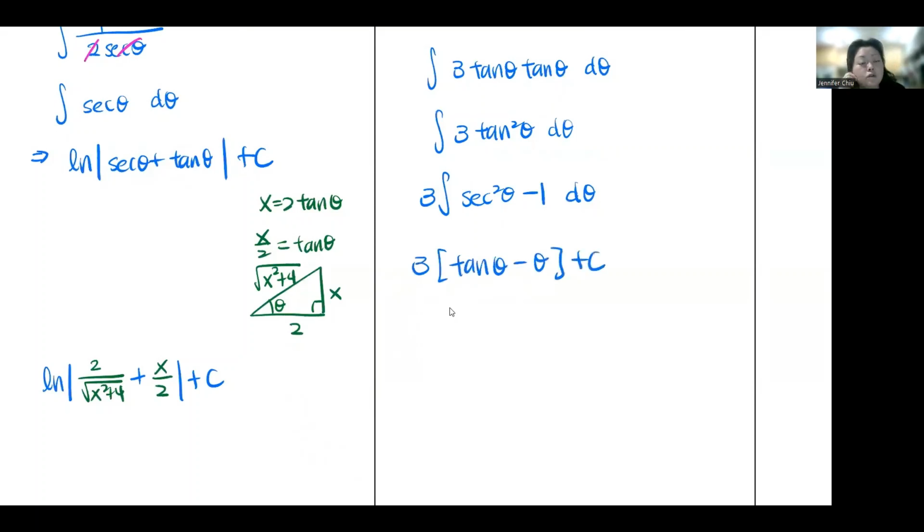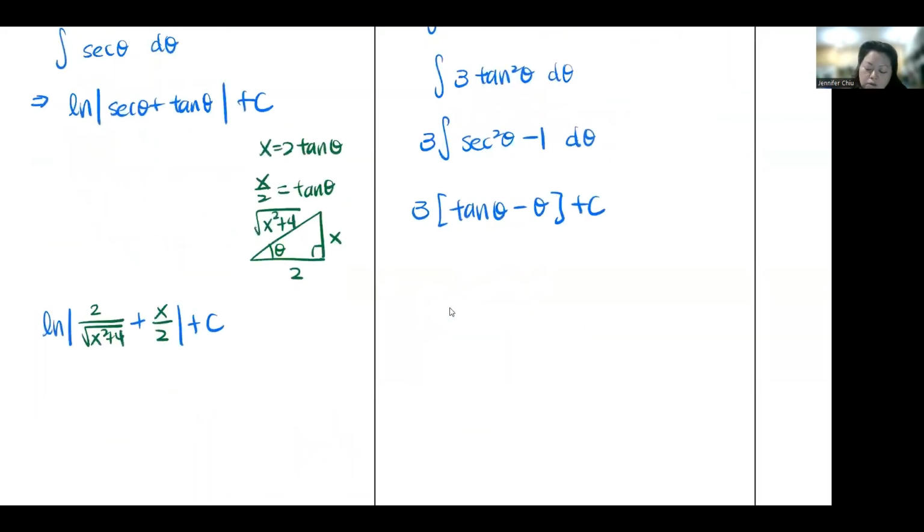Okay, once I take the antiderivative, don't forget to draw your triangle. So I go back and say x equals 3 secant theta. x over 3 equals secant theta. So I draw a triangle. Secant is 1 over cosine, so that will be hypotenuse over adjacent. So my Pythagorean theorem will be something plus 9 equals x squared.